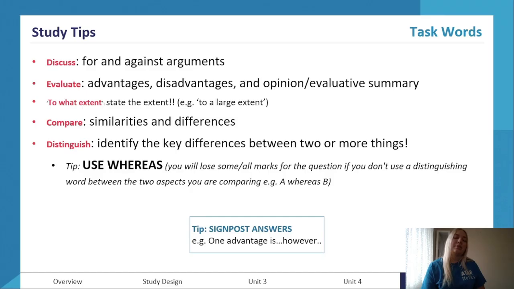Compare questions need to be about similarities and differences, versus questions that ask you to distinguish are only about the key differences, no similarities. And that's what's different with them. Signposting is needed and is expected, especially if you are comparing or distinguishing. If you don't use words like whereas, on the other hand, distinguishing words, you will lose marks for the question because you are not indicating that you are talking about differences.